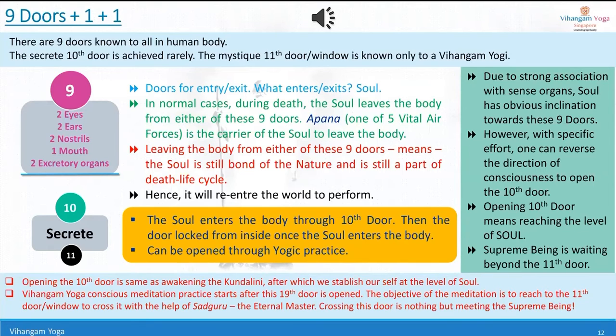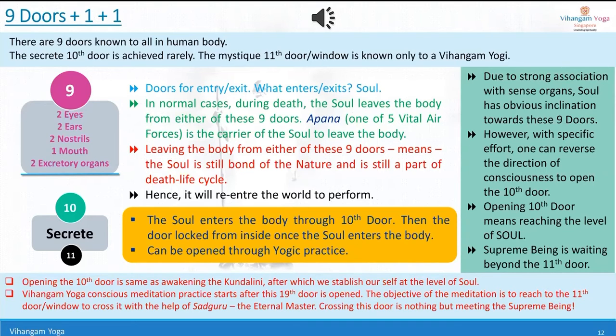It's closed from inside. So the soul enters the body from the 10th door, and these 9 doors, which I just described, are very interesting. The soul exits from either of these 9 doors at the time when a person dies.